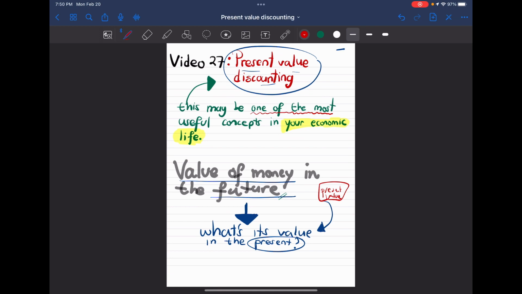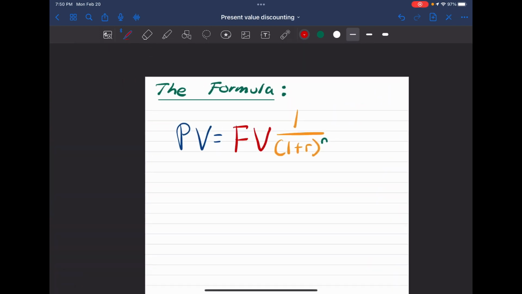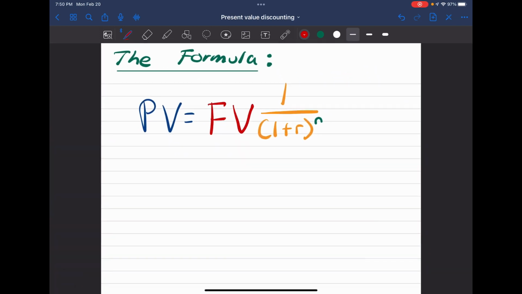So to do this, we have a formula. I'm going to explain to you how the formula works, and later a bit on how we derive the formula. So the formula here equals PV, which is present value.